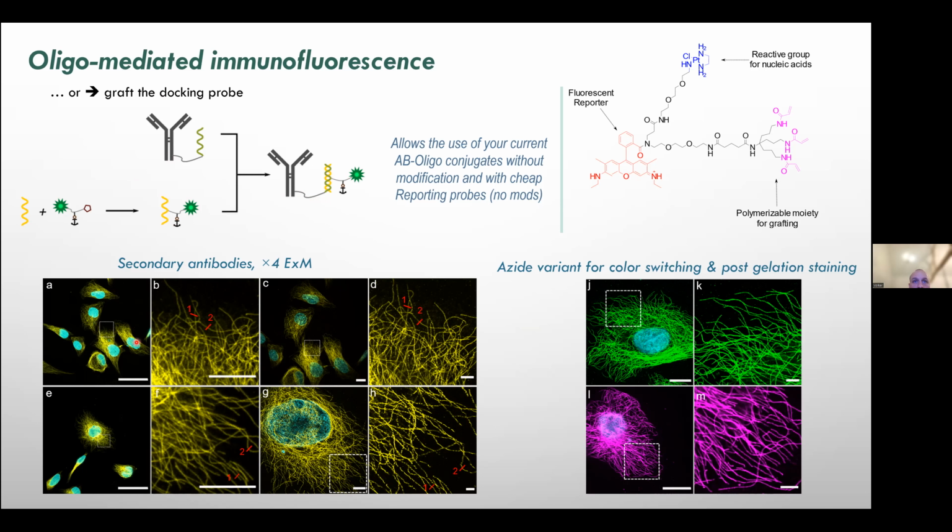Again, pre and post images in expansion of the tubulin system. And again, by simply switching out the dye for a functional group, you can go back to color switching. And then this is ATTO 488 in green here, and this is Cy5 on the bottom. And again, Cy5 is a dye that is normally not accessible in standard expansion microscopy due to its full degradation in the radical polymerization.